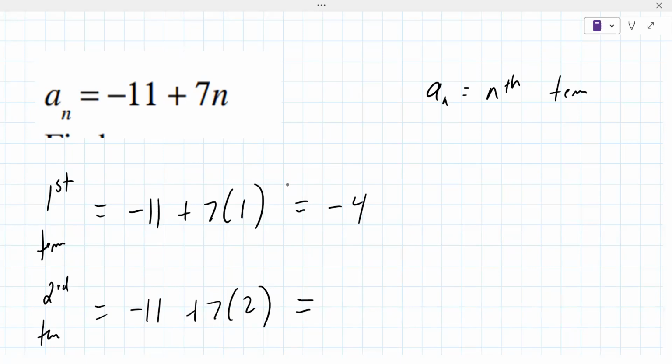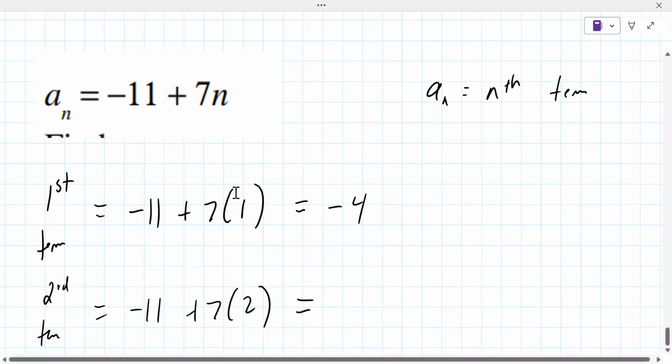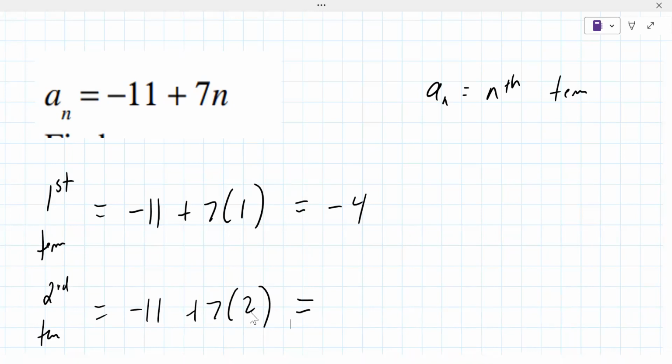-8. Try again. Oh, no, wait, because that's just, let's see, negative 3.